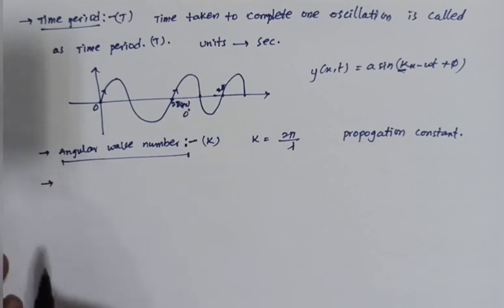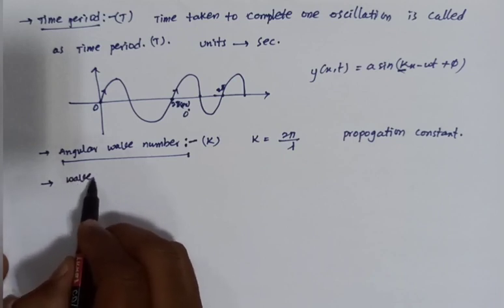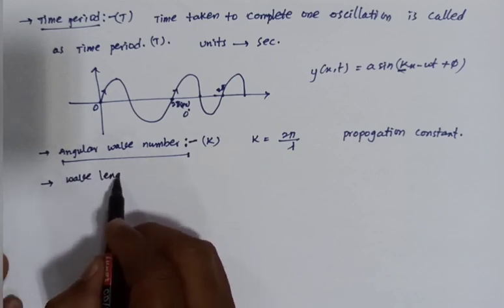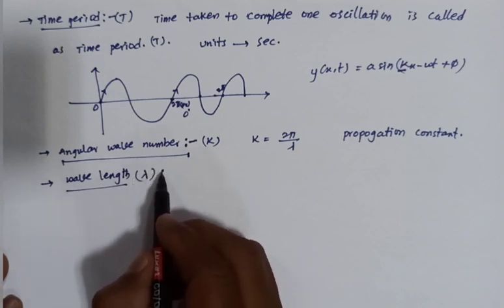Next one, wavelength. Wavelength is denoted as lambda.